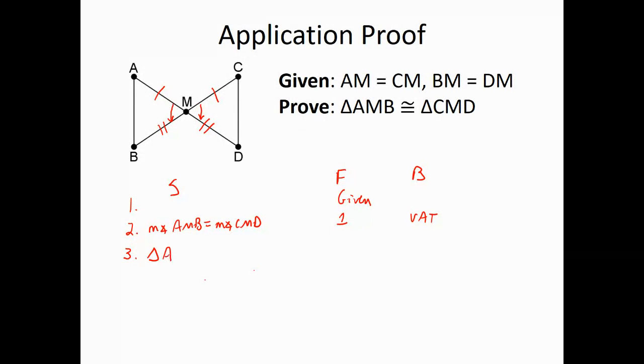So we may say that triangle AMB is congruent to triangle CMD, and that follows from the given, which gives us equality of sides, and also line number 2, which gives us the equality of included angles, by SAS congruence. And we'll also add the word congruence to SAS because in a later chapter we'll find that there's something called SAS similarity. We want to make sure that we don't confuse the two, so call that SAS congruence.